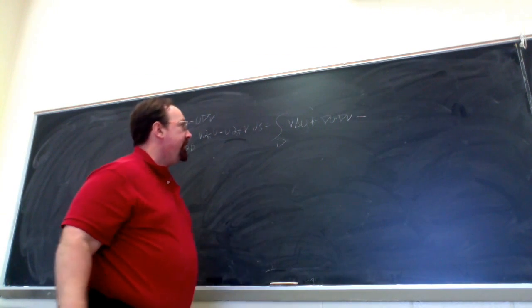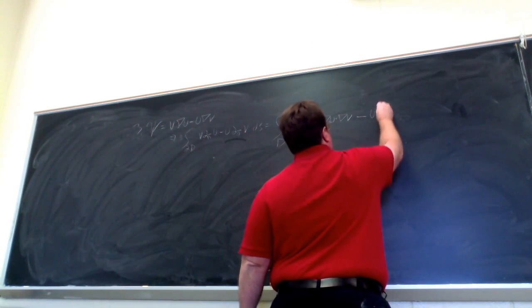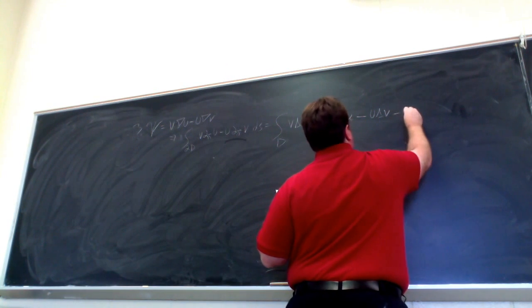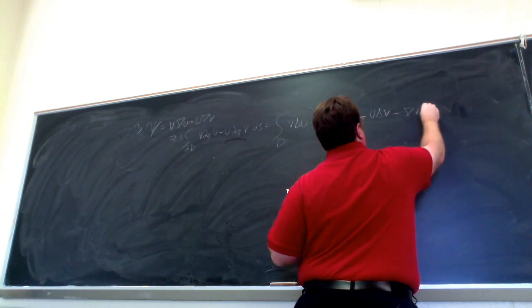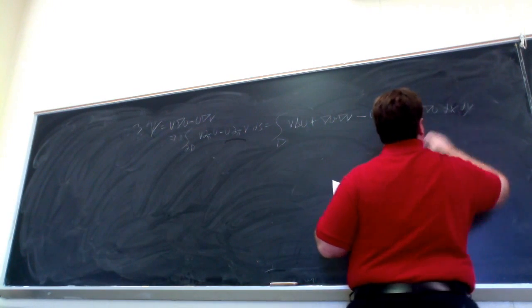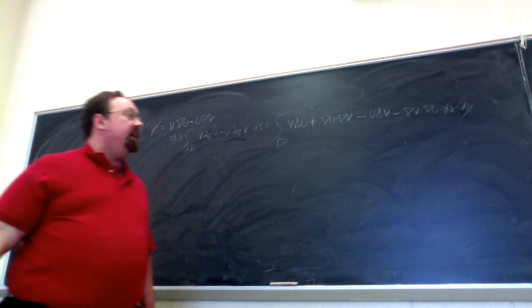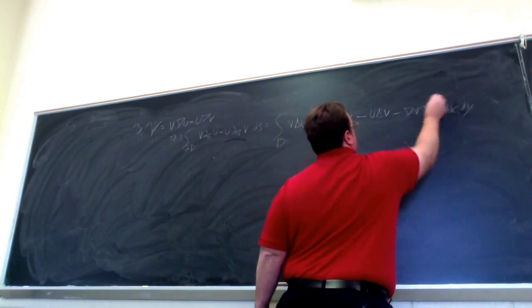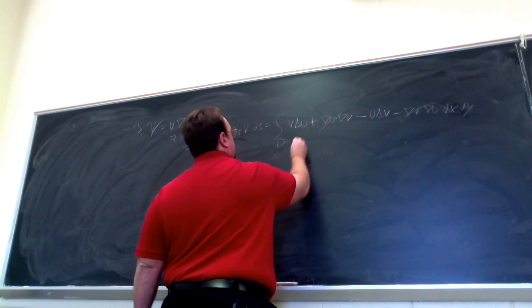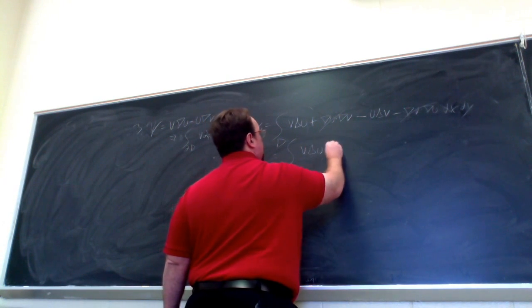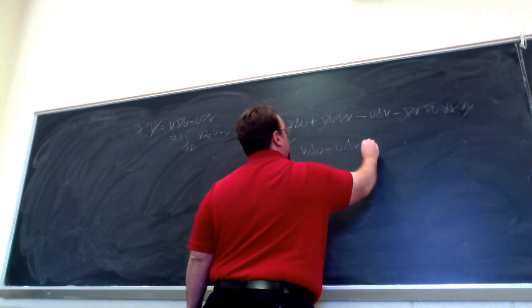You just switch u and v: u Laplacian of v minus gradient of v dot gradient of u. But the dot product for real valued functions is commutative. So these terms cancel out. So you just get v Laplacian of u minus u Laplacian of v.